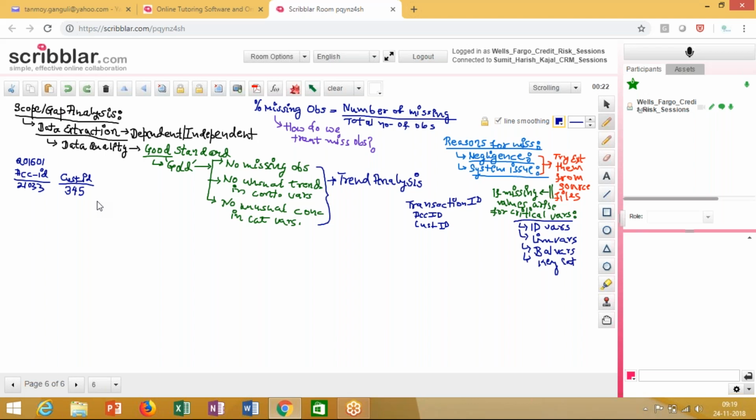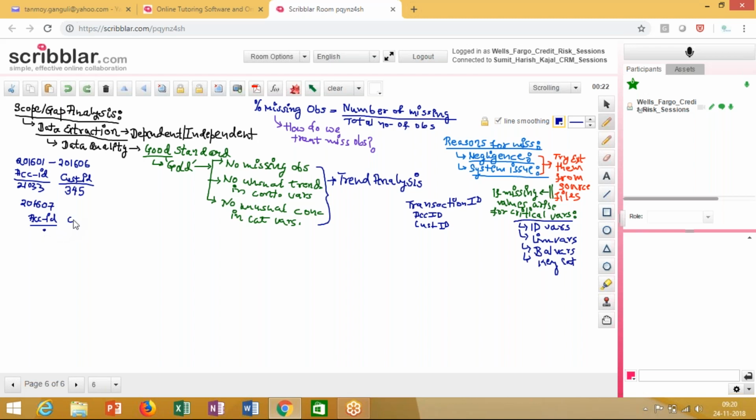Now, this ID is seen to be available from 2016 Jan to 2016 June. In July 2016, so in 2016-07, the account ID is missing.